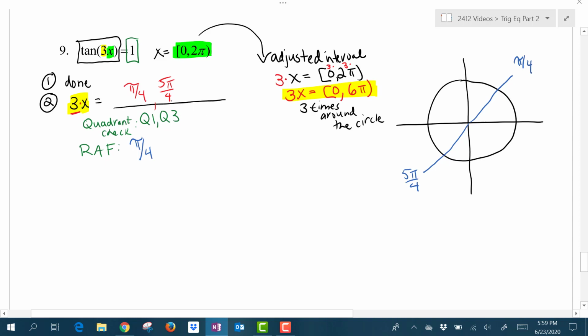So pi over 4 and 5 pi over 4 are for 1 time around the circle. We need to go around the circle again. We need to find coterminal angles to the quadrants 1 and 3 angles that we've already found. We need to do that once for the second time around the circle, but then we're going to do it again, finding coterminal angles for the third time around the circle.